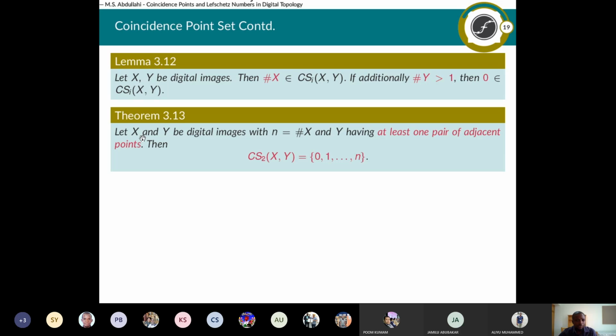We also have a theorem that tells us that if X has n elements and Y has at least one pair of adjacent points, then the coincidence point spectrum, when we take i equal to 2, is the full spectrum, that is from 0, 1, up to the cardinality of X.